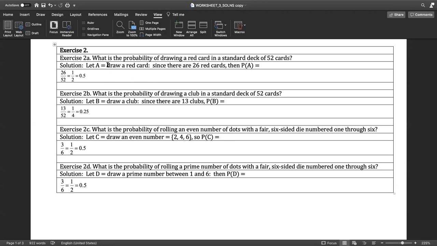So our experiment here is, let's draw a card, and we want to find the probability that the card we draw is red. Since we know how the deck is constituted, it has 13 hearts and 13 diamonds, so there are 26 red cards in a standard deck.